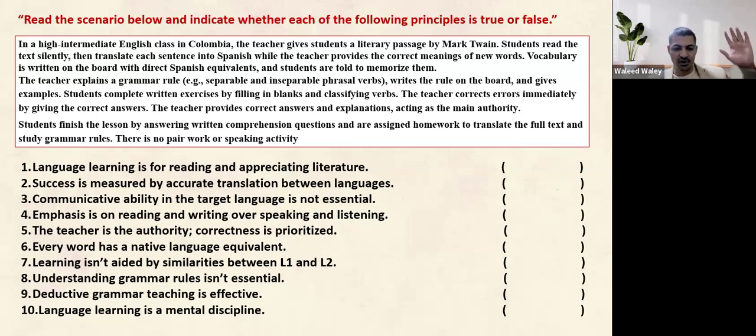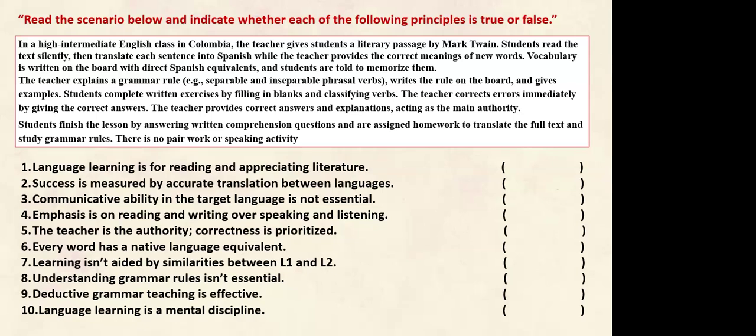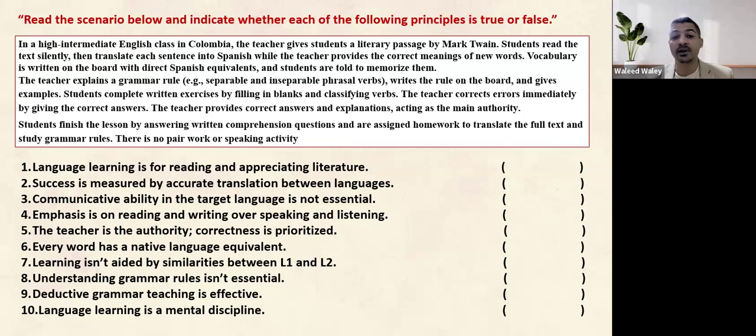The teacher can write the words on the board and then the students translate or use their dictionaries. And here, understanding grammar rules is not essential. False, because the teacher directly wrote the grammatical rule on the board and then explained it. Deductive grammar teaching is effective.